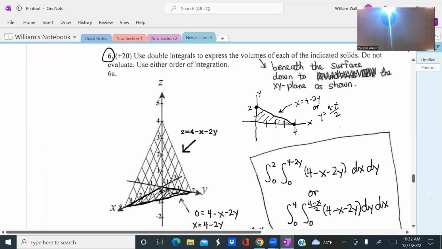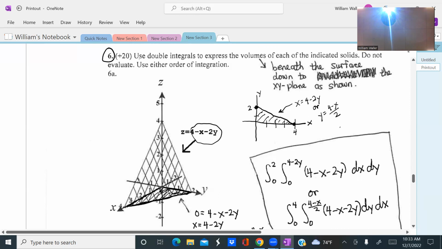You don't have to write z equals. Just write the expression. But make sure you have the formula for the surface solved for z, which this one already is, so easy.